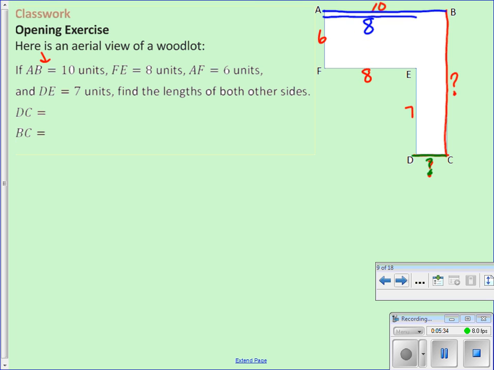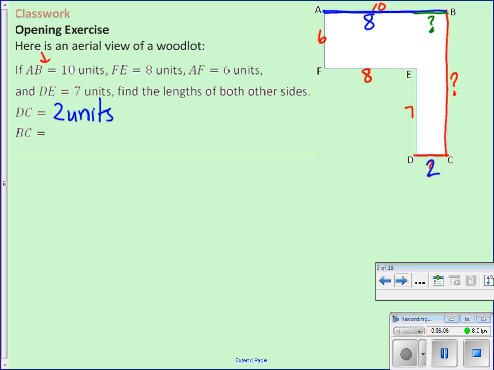If I bring up my 8, and I bring up my missing side, it's equal to AB. So what is the measurement of this DC? If my whole thing is 10, and I know part of it is 8, what's my other part to total 10? Everybody? 2. So I know that DC equals 2 units.